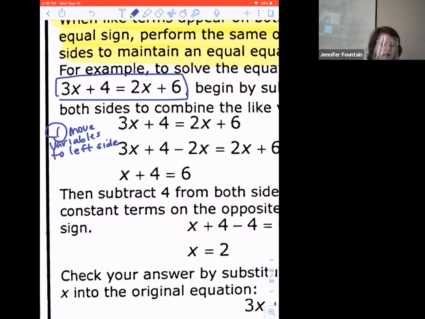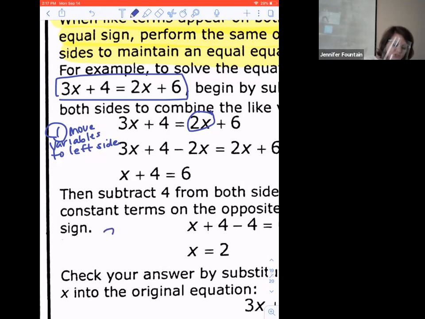So notice on the right side over here, I've got 2x. I want 2x to move to the left-hand side. But to move it, 2x is positive. So think about if I was going to move it, I need it to go away on one side.